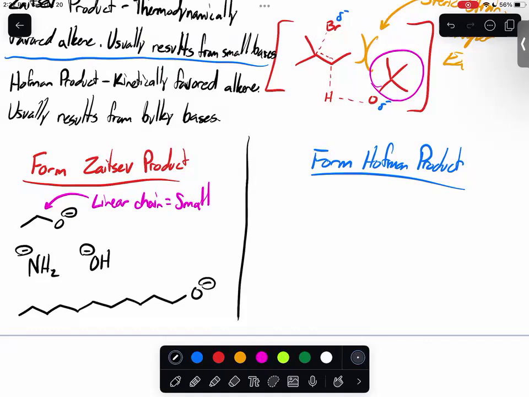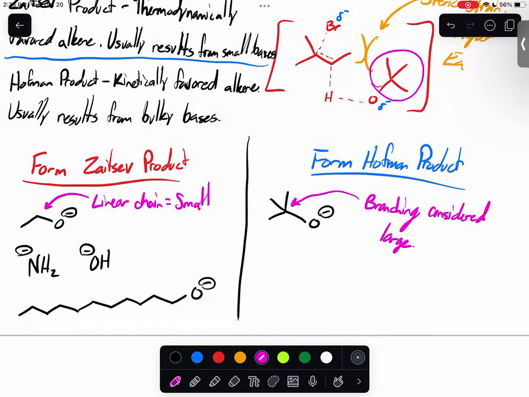On the other hand, for the side of Hofmann, we've already discussed one of these, right? It is that tert-butoxide. Because when looking at this, that carbon right there is branched, right? And so branching, where you have multiple carbons coming off of the same carbon, is considered large. Okay? And so looking at this, we're looking at things that are going to be branched. So something like isopropoxide, it's branched at that carbon.